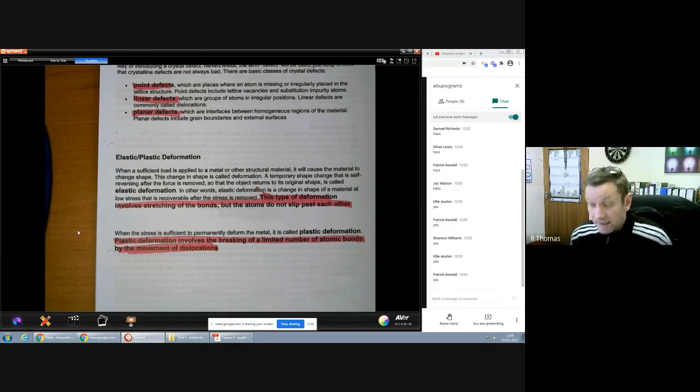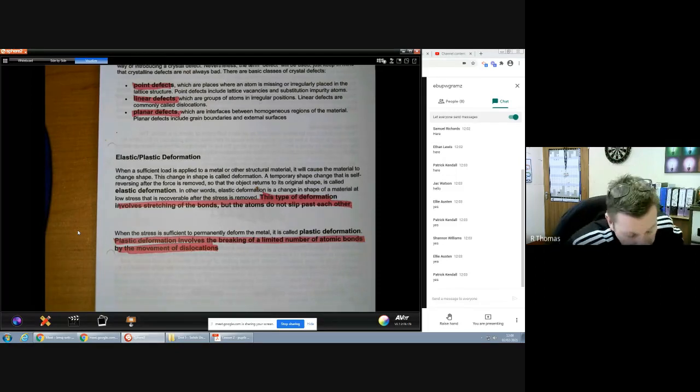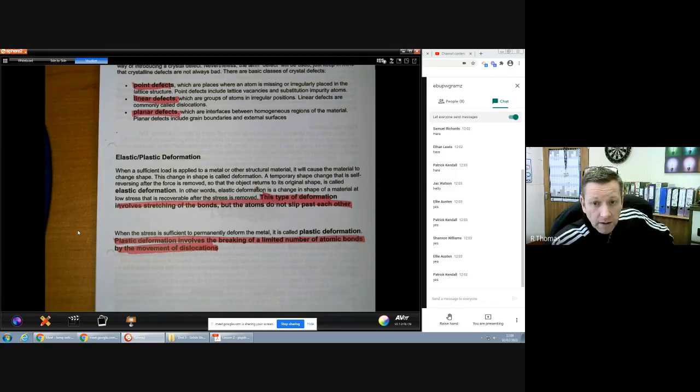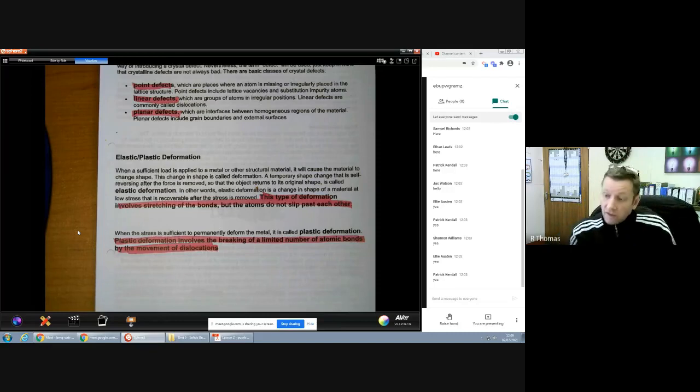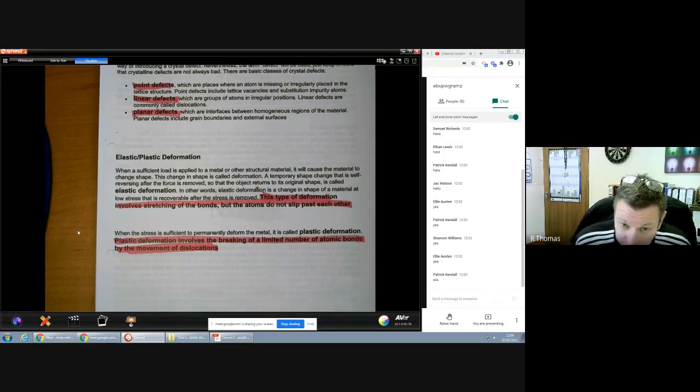But something plastic, like a Tesco's carrier bag, other carrier bags are available, you can stretch that a little bit and let go, and it'll go back to its normal original structure. You can stretch it a bit more, and before it actually breaks, you will damage the molecular structure, let go, and it won't go back to its original structure.